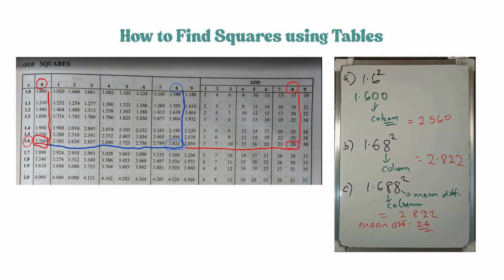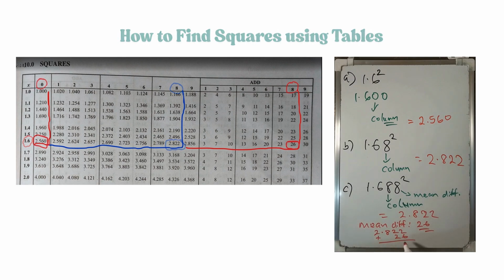Now, to get the final answer, we'll add the mean difference to the last digits of our base value. That means we'll add 2.822 plus this 26.